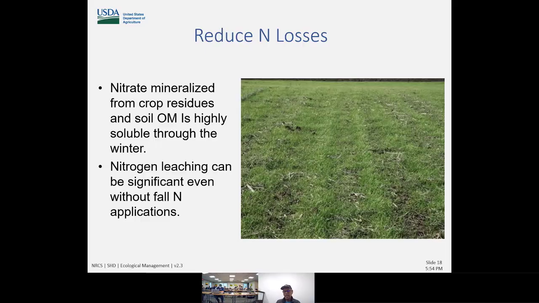Nitrate is 100 times more soluble than phosphorus, and it is 10 times more soluble than ammonium. So nitrate leaching can be significant even without any nitrogen application.